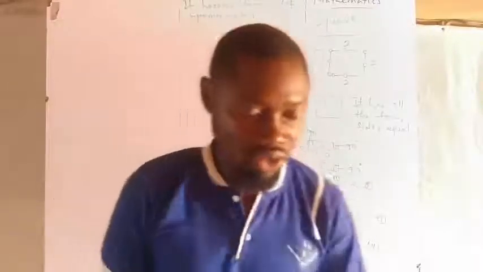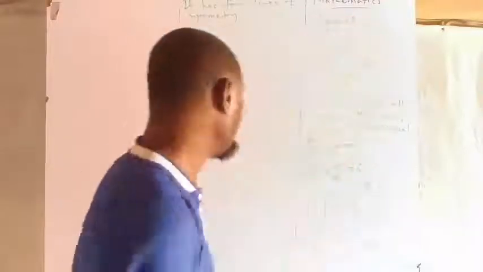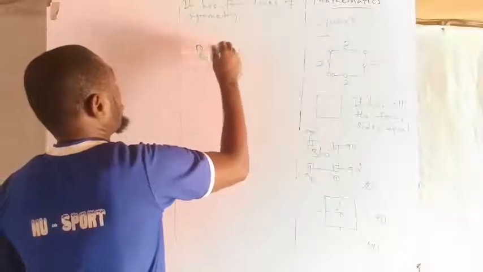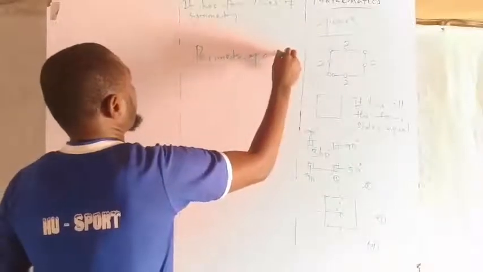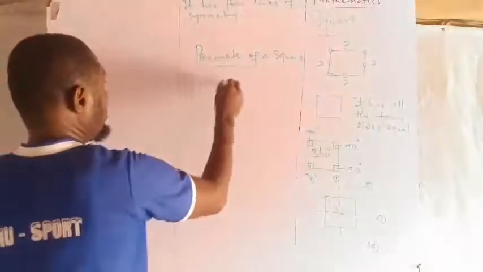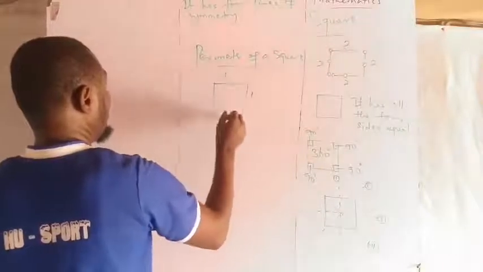Now let's quickly run through the perimeter of a square. The perimeter of a square is also simple. Since all the sides are the same, if here is length, here will be length, length, length.